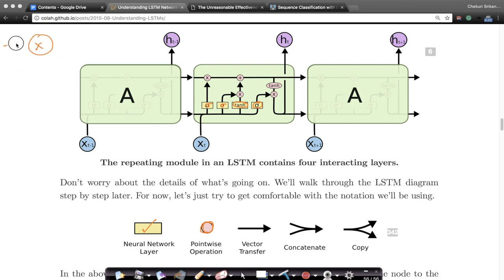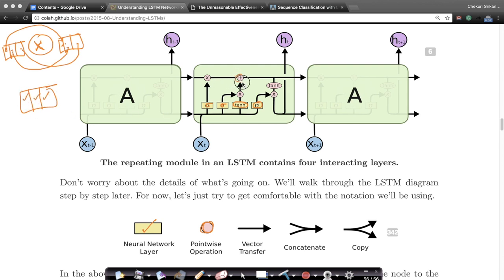If you have a vector and another vector of size 3, you multiply the first element with the first, the second with the second, the third with the third, and generate a vector of size 3. It's called a point-wise operation, where corresponding elements are multiplied.